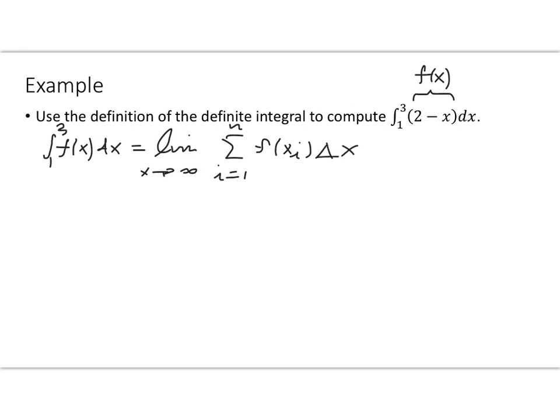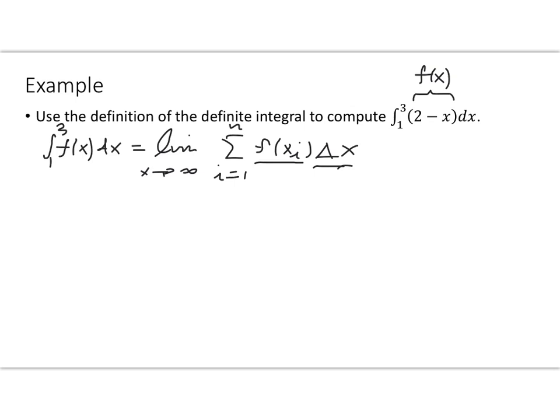So here the main thing to keep in mind for the moment is not the limit, but rather the sum. The delta x, remember, is the base of some little rectangle. The f of x sub i is the height of some little rectangle. Multiply those together to give the area of a little rectangle, and then we're just adding all of those up from i equals 1 to n to get an approximation.